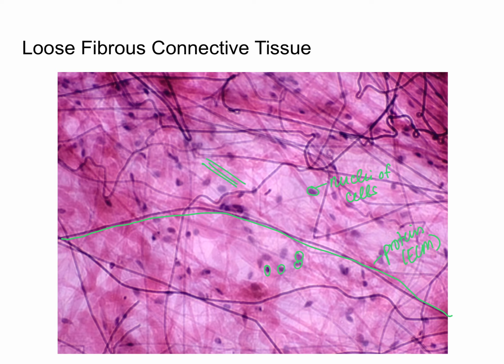And so basically all of this kind of pink and dark purple stuff that is surrounding the cells, all of this is that extracellular matrix. So once again, we see these cells that are spread out and not touching each other, and there's a lot of extracellular matrix kind of packed in between.